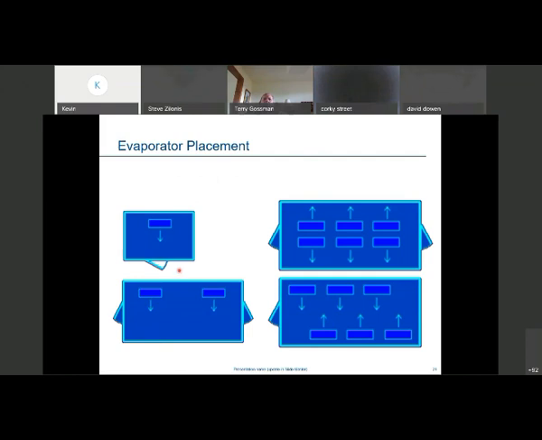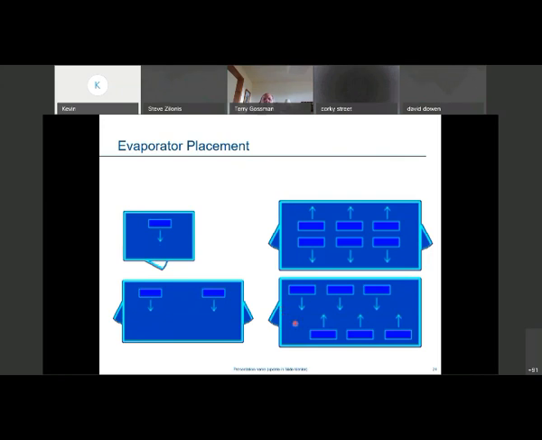So when you look at evaporator placement like this, you blow in at the door. That kind of keeps the warm, moist air from coming in through the door. Got some other shots of that too. If you have doors on the side here, and you've got a couple of different evaporators to blow sideways across them, that's fine.